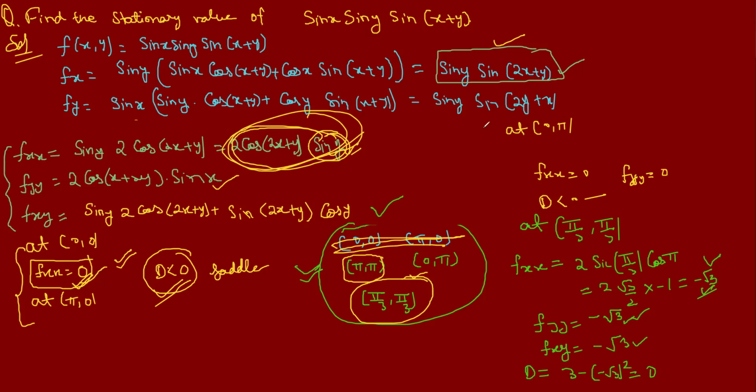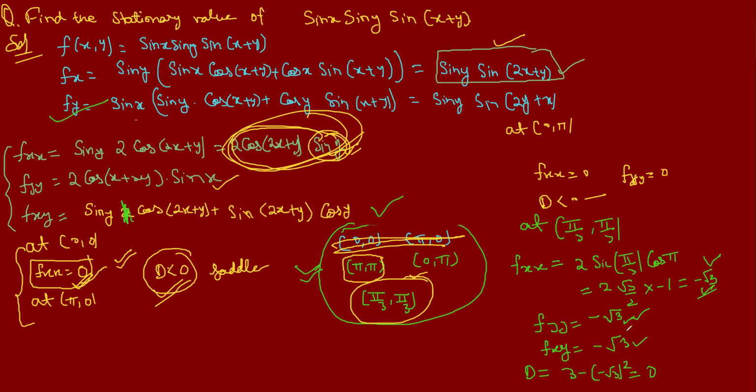Sin A cos B. One minute. Here 2 is not there because you are differentiating with respect to x.